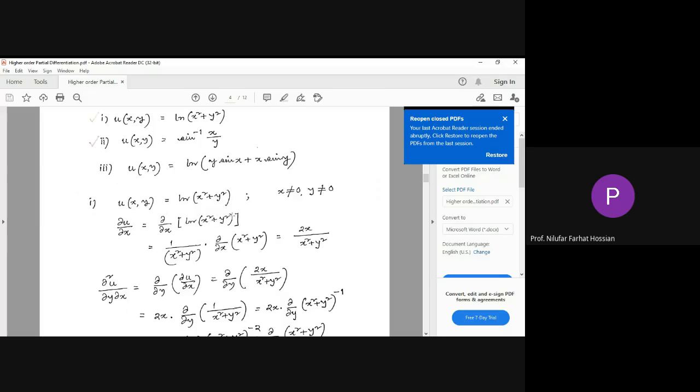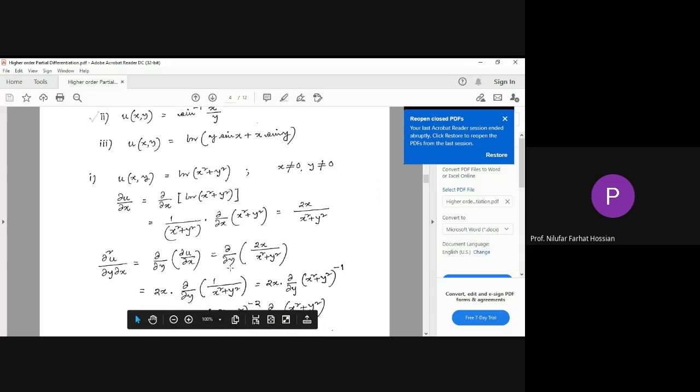So you have to perform the differentiation of this whole thing with respect to x, partially, of course. So 1 over x square plus y square into del x of x square plus y square. There are two terms. In the second term there is no x, so the derivative of this term will be 0 and the derivative of the first term will be 2x. So ultimately it will be equal to 2x divided by x square plus y square.